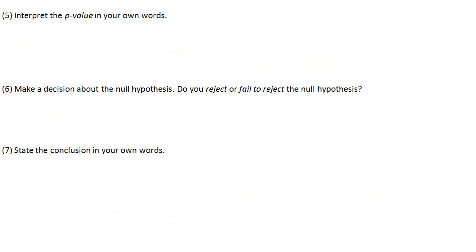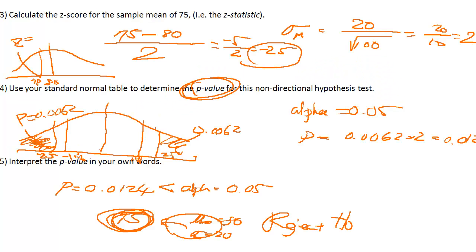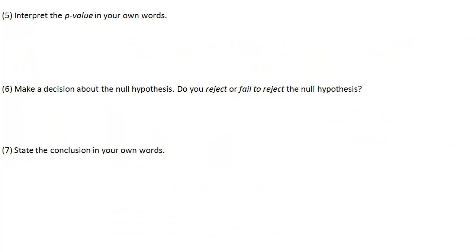Maybe that's the second question. Interpret the p-value in your own words. Didn't I just do that? Okay. Make a decision about the null hypothesis: do you reject or fail to reject?